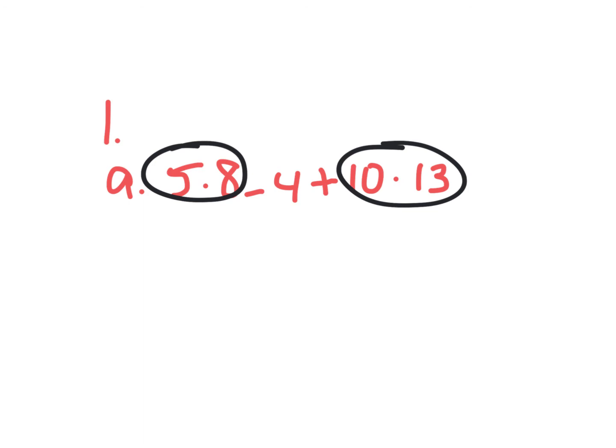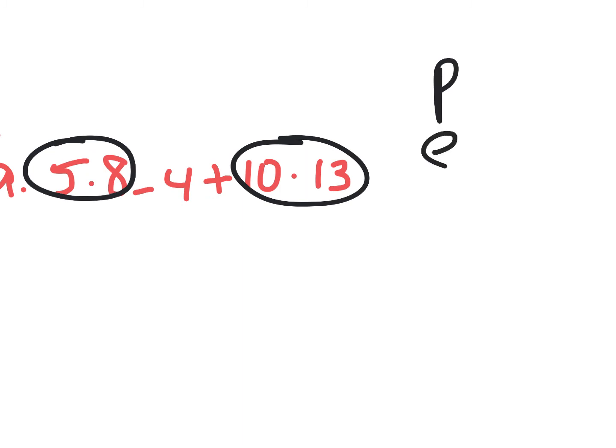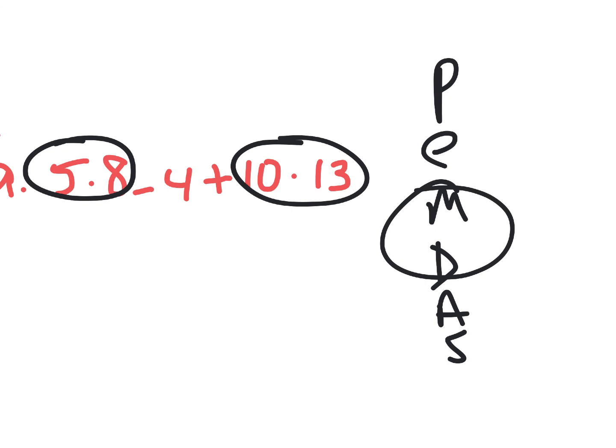If it's multiplies or divides, they're tied, and so you go from left to right. So I like to do my PEMDAS this way. PMDAS, and these are tied, and these are tied. Multiply and divide are tied. Multiply is not always go first. It's whatever's on the left. If you have an add and a subtract, they're tied. So it's whatever's on the left.